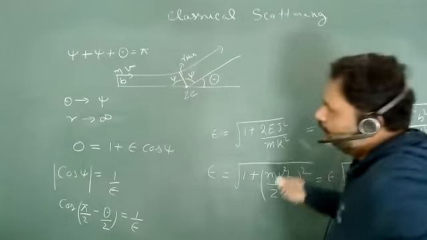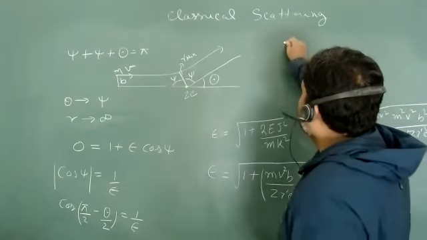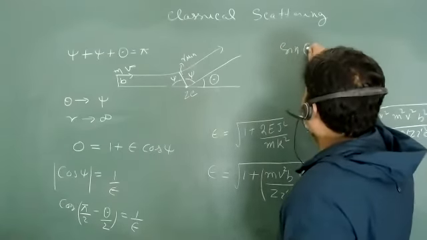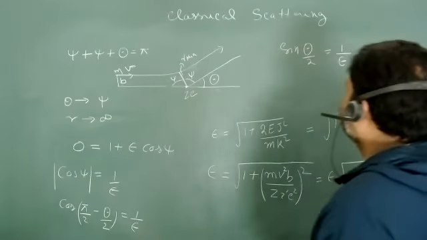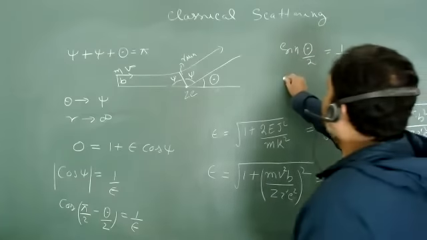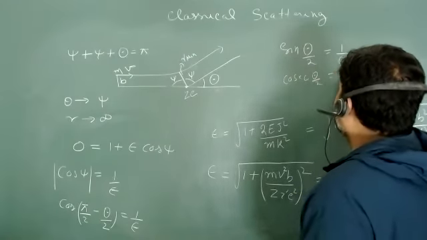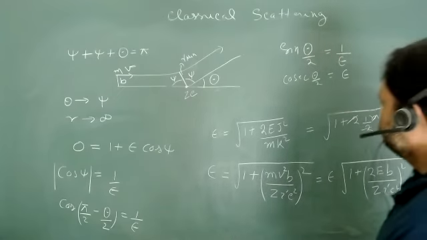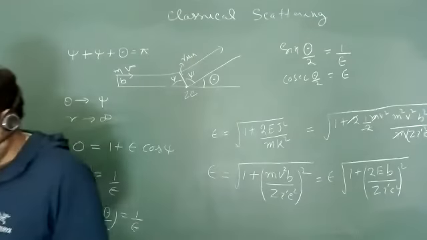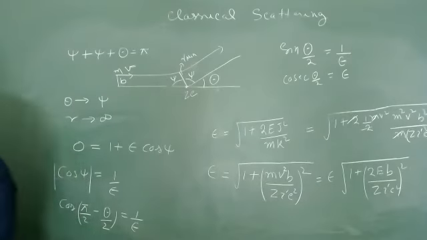This relationship is sine theta by 2 is equal to 1 upon epsilon. So cosec theta by 2 is equal to epsilon. Can everyone write that? Yes, cosec theta by 2 is nothing but epsilon.